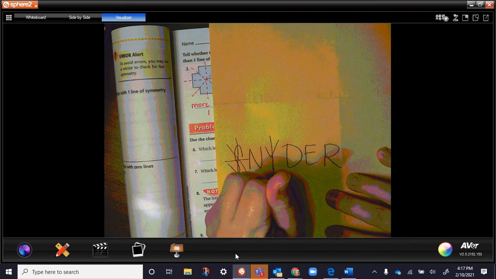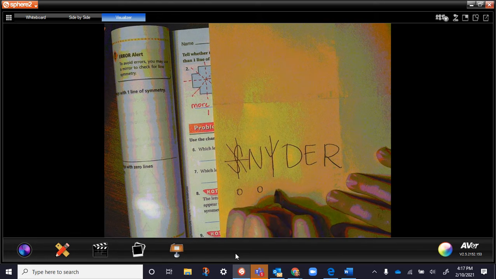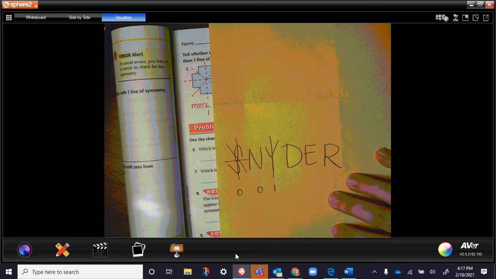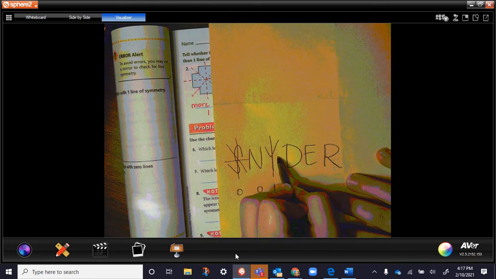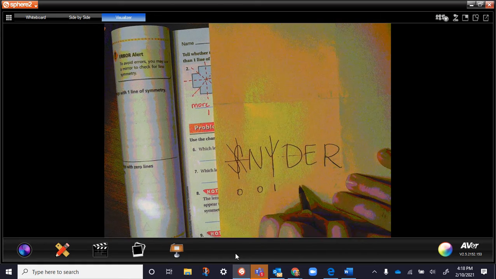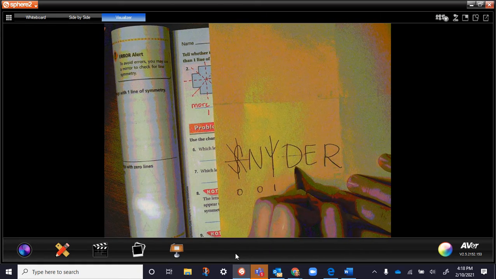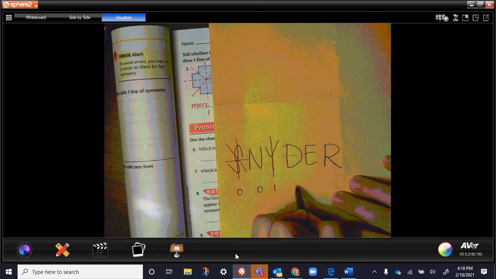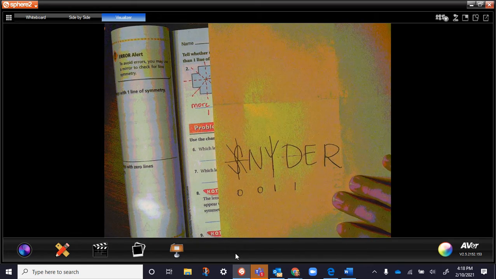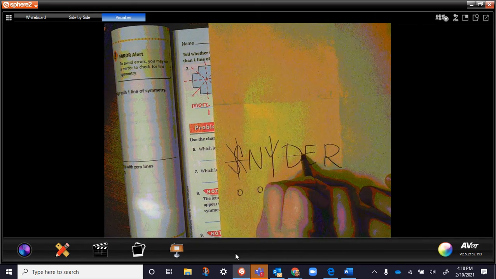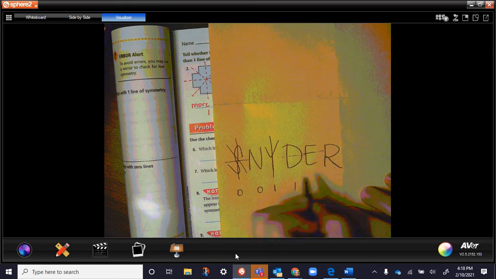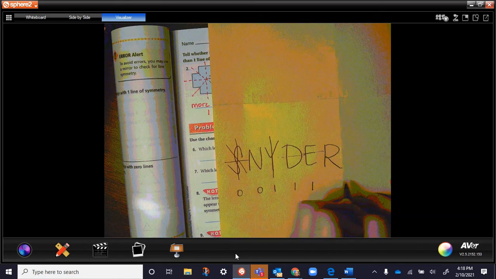My Y, I can put a vertical line straight down the middle, and that would have 1. My D, I could make a horizontal line, fold the top down and match the bottom, so that one has 1. Same thing with my E, I could do a horizontal line down the middle. And my R would have 0.